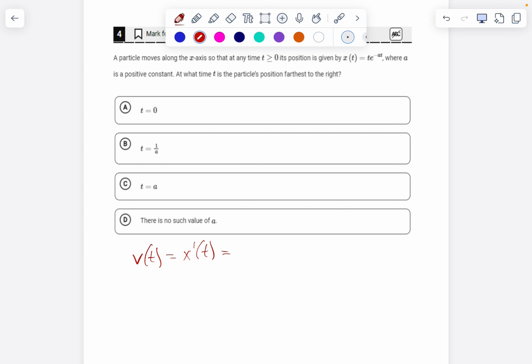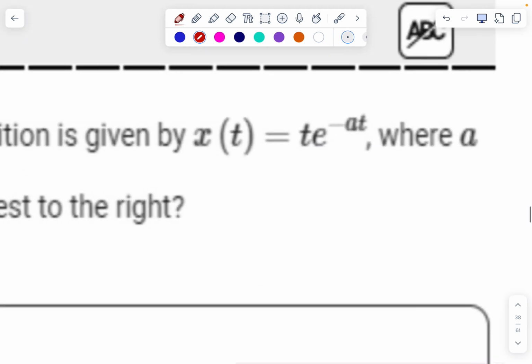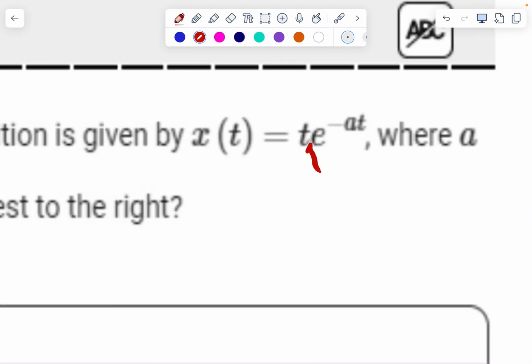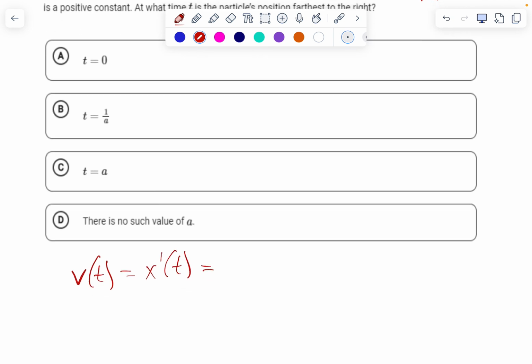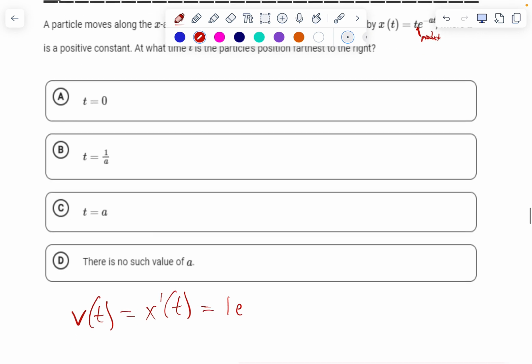All right. Product rule is because if we zoom in, right in between there is a product of two functions. So what's the derivative of t? It's just 1, right? Because this is all with respect to t. I'll just write e to the negative at.